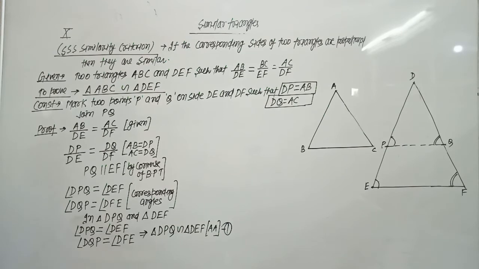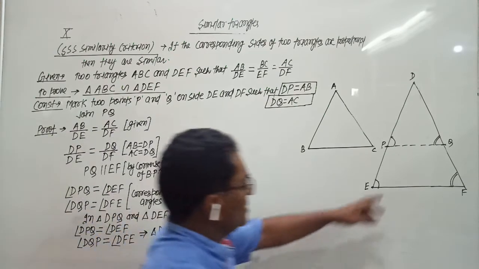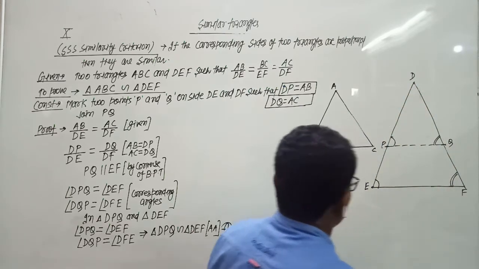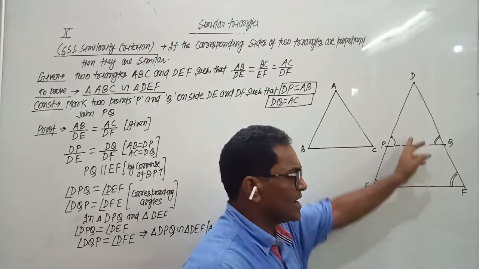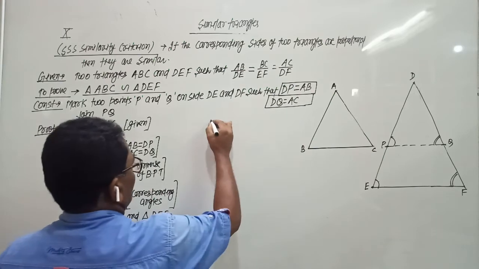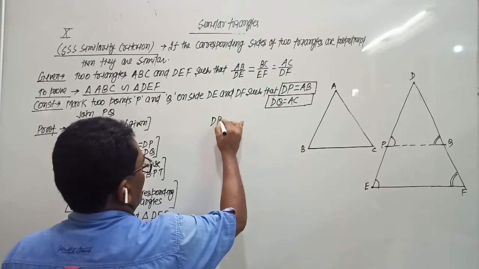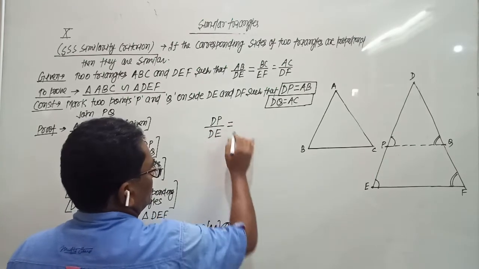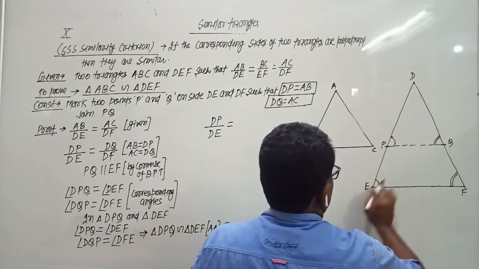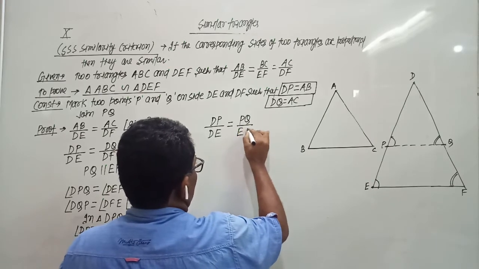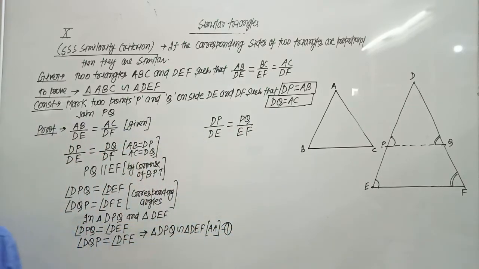So DP upon DE equals PQ upon EF, because these two triangles are similar, therefore their sides must be in proportion.